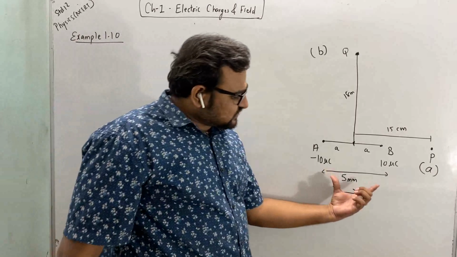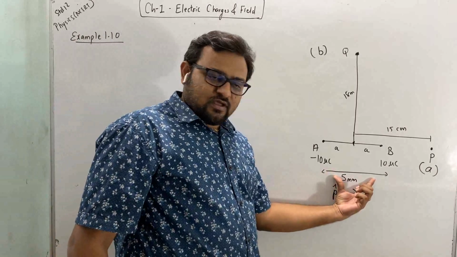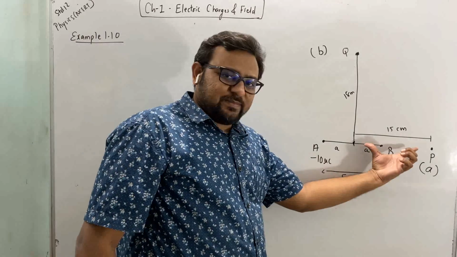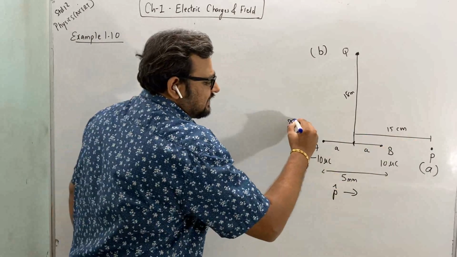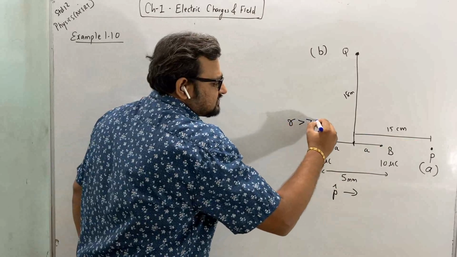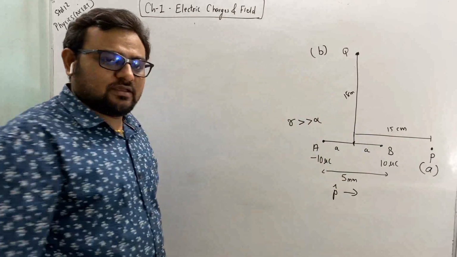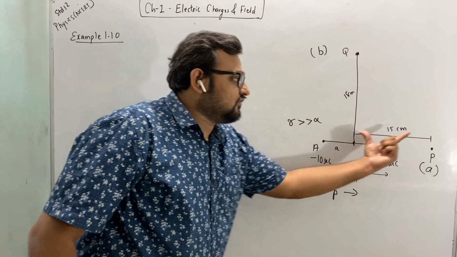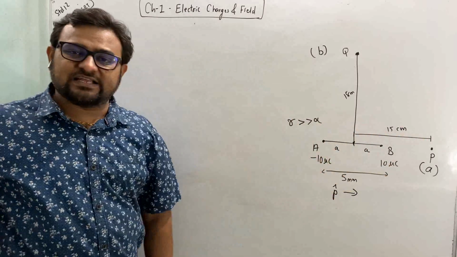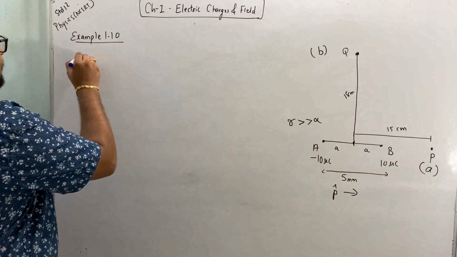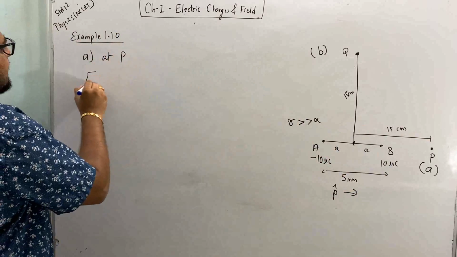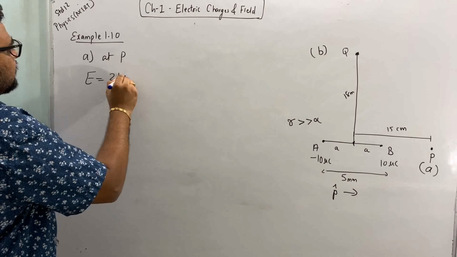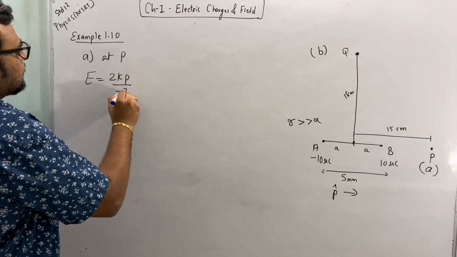If we consider this 5 millimeter compared to 15 centimeter, I can say that R here is much higher than A. Comparing 2.5 millimeter to 15 centimeter, A is negligible. So we can directly use the formula, first case A at P: 2kP upon R cube.